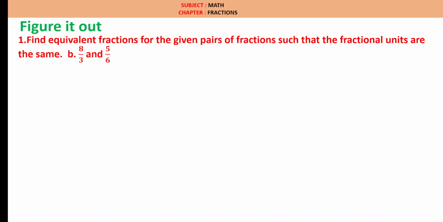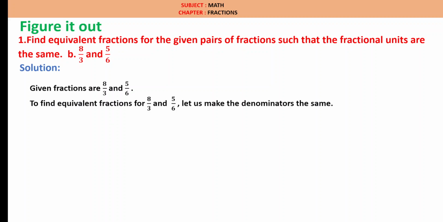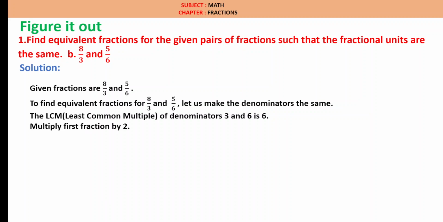Let us see subsection B, 8 by 3 and 5 by 6. Given fractions are 8 by 3 and 5 by 6. To find the equivalent fractions of 8 by 3 and 5 by 6, we need to find the LCM. LCM of the denominators 3 and 6 is 6. Let us multiply the first fraction by 2.